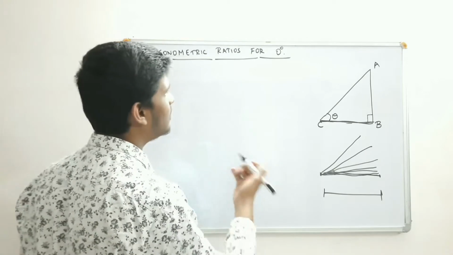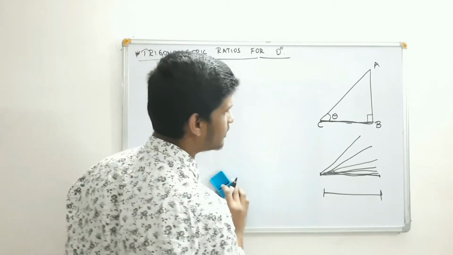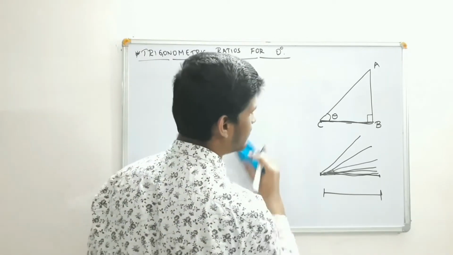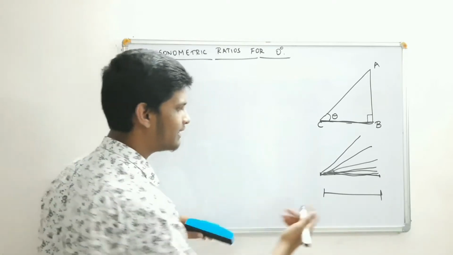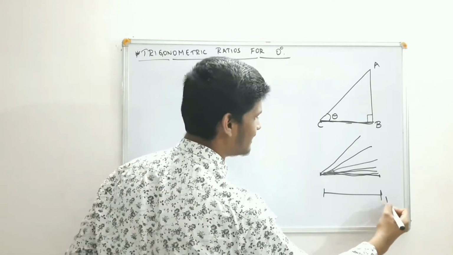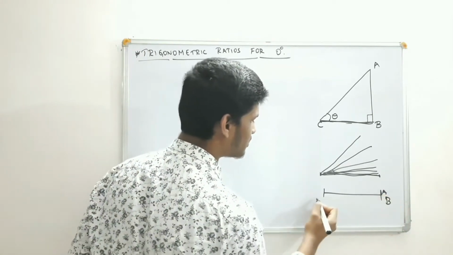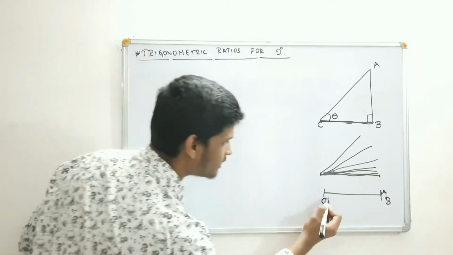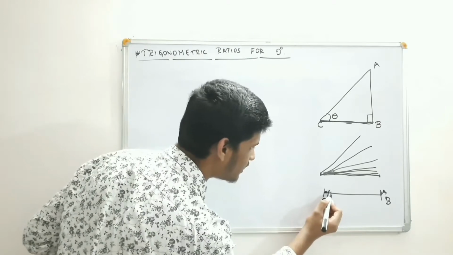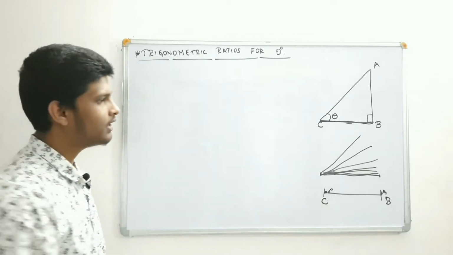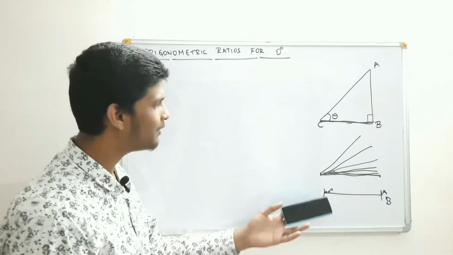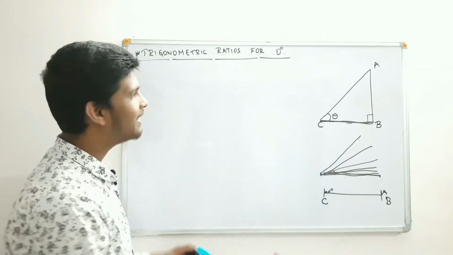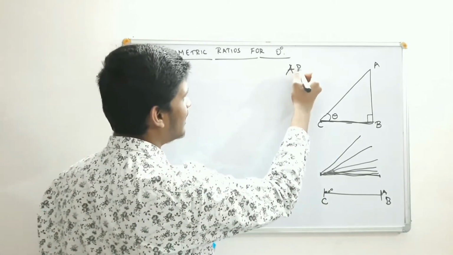Then how will the triangle look? The triangle is only this much: B and A coincide, and then C here. This angle is 0 degree. What is the length of AB?